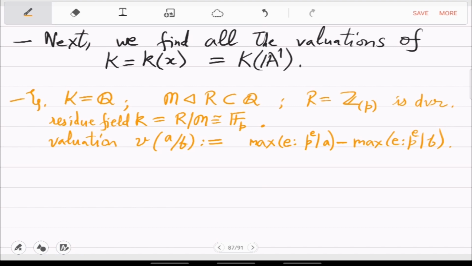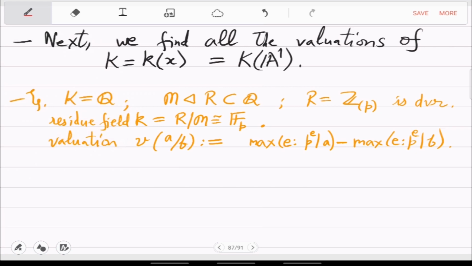This is something you might have seen, but what it tightly relates to is the DVR. So this gives you infinitely many DVRs and infinitely many valuations on the rational numbers.